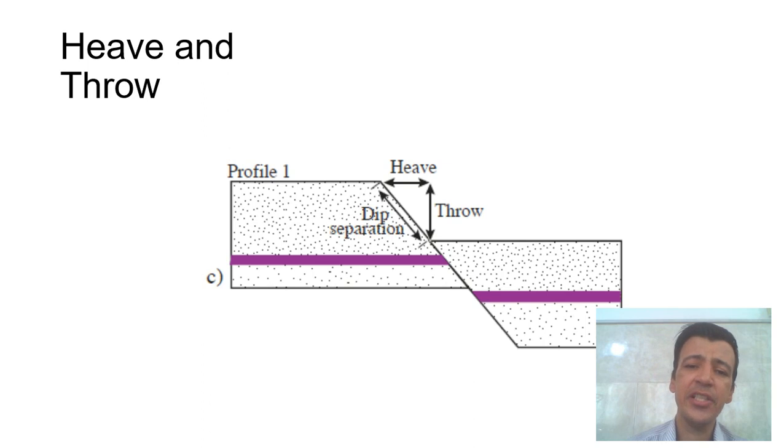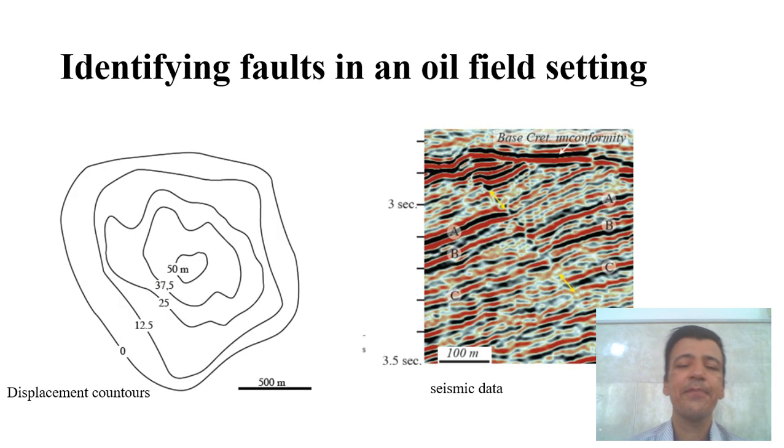After that, we can divide it into two concepts: heave and throw. Heave is the horizontal separation and throw is the vertical separation. Okay, super easy, super simple.